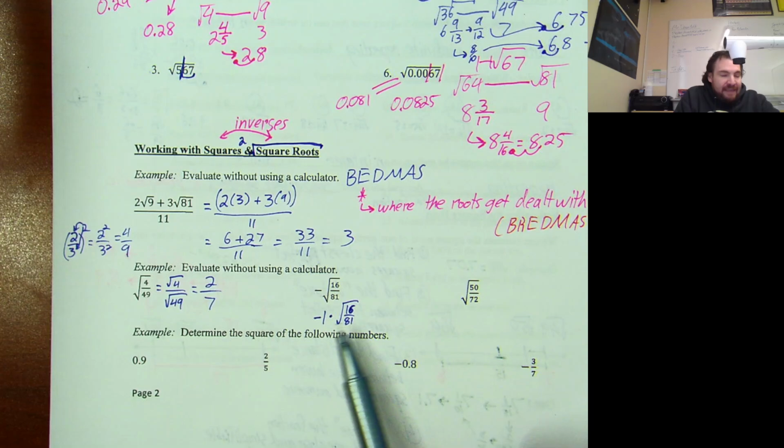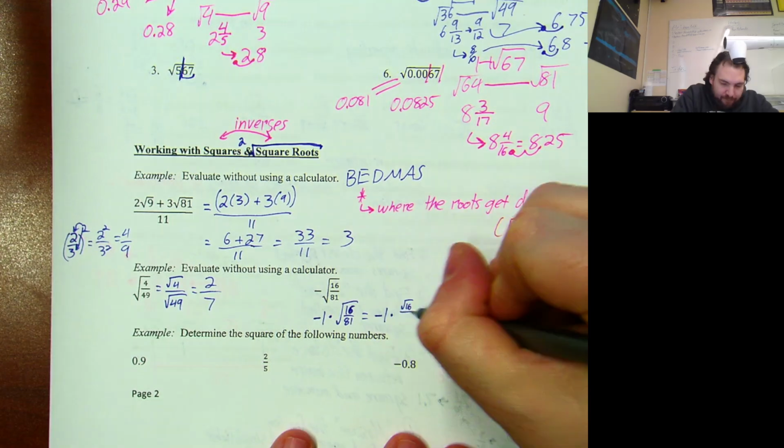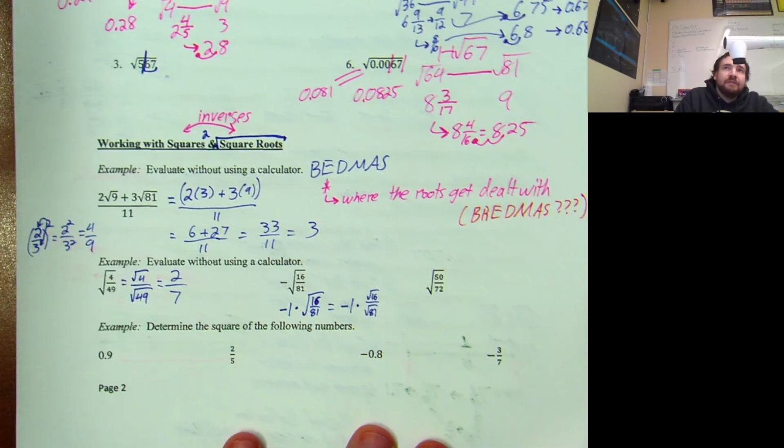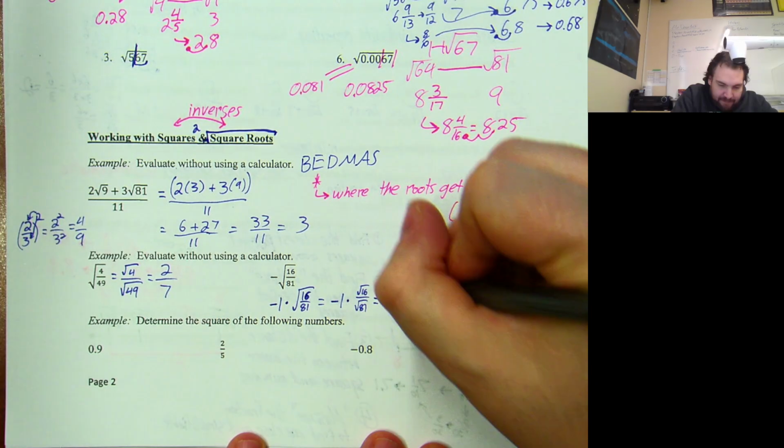So if I have the square root of 16/81, this is going to become -1 times root 16 over root 81, because I can split up my fraction in the roots. So this is going to become -1 times 4/9, which is just going to make my final answer -4/9.